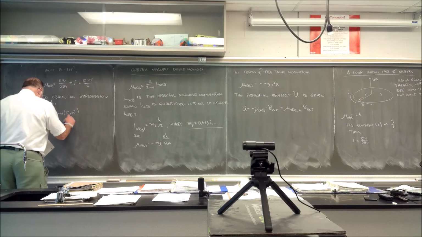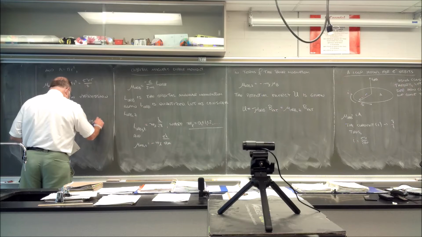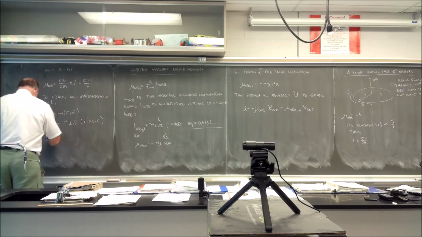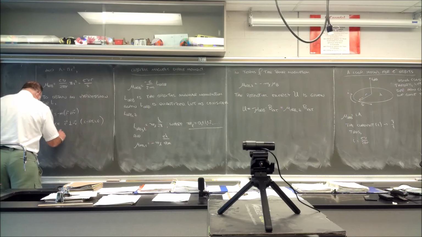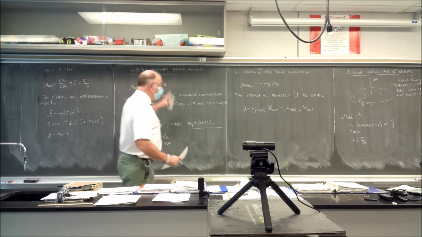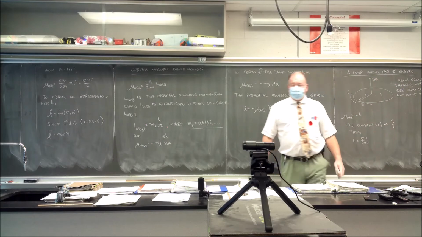Since R is orthogonal to V in a circle, then L is going to be equal to MRV for a magnitude. We've already established the cross product here, so this is just a magnitude thing.